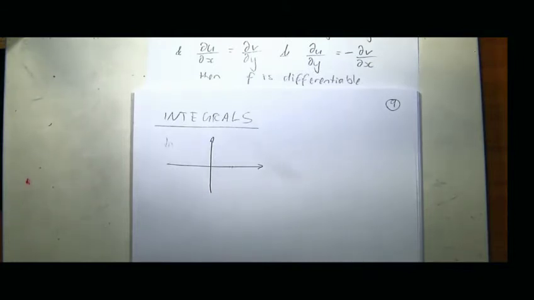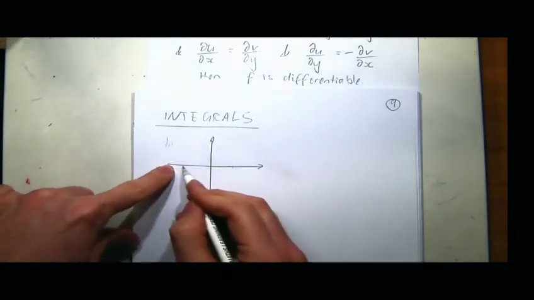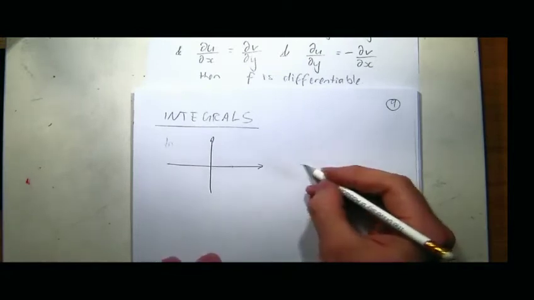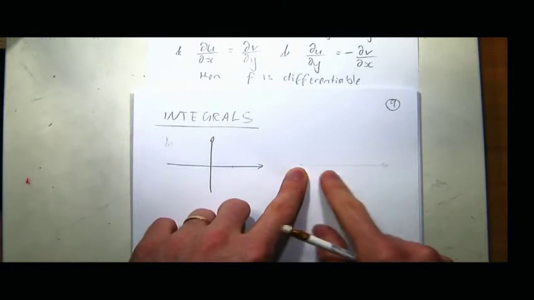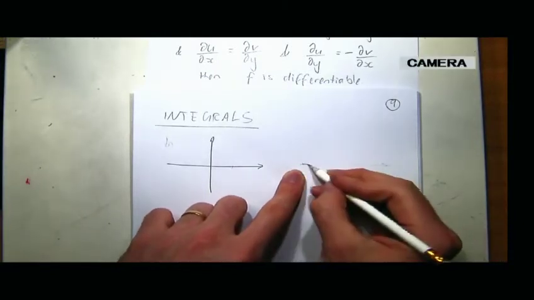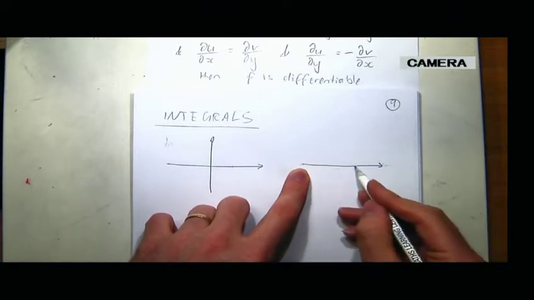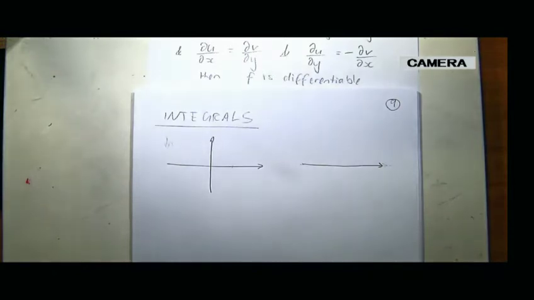Problem is, with real numbers, there's only one place on the real number line where you can draw a path. It goes from here to here. But if you're in the complex plane, that's not so easy.